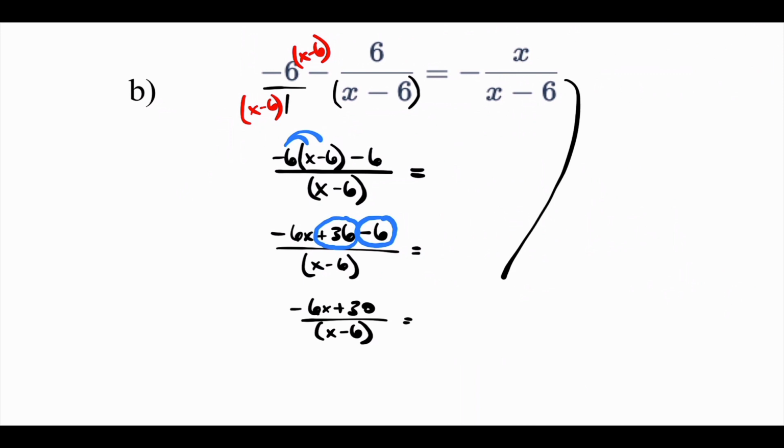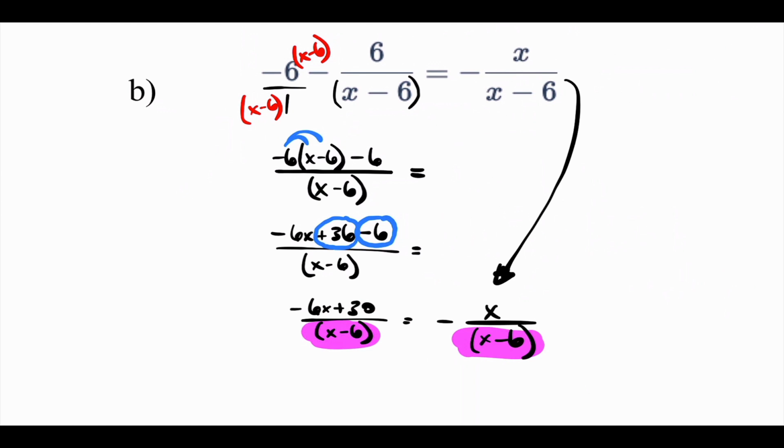Okay, so bring down what I haven't used. Well, look at that. They both have a common denominator already. You can do cross multiplication. That works, if you want to do it.